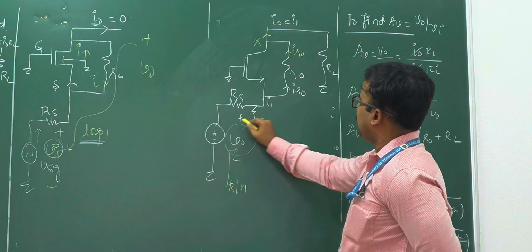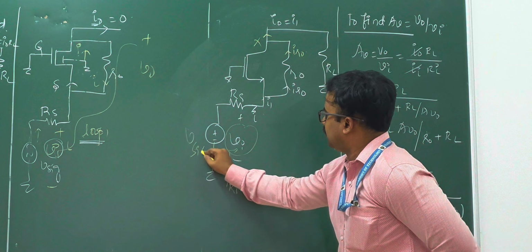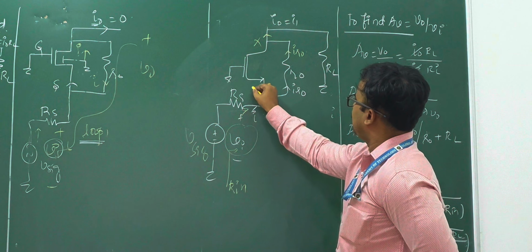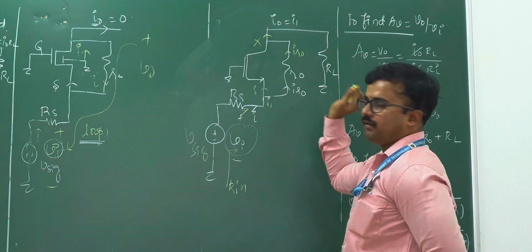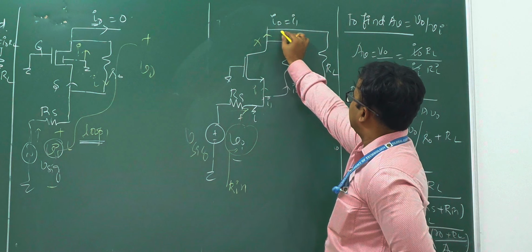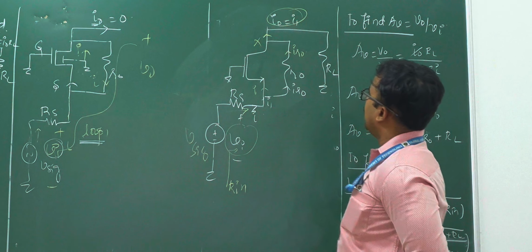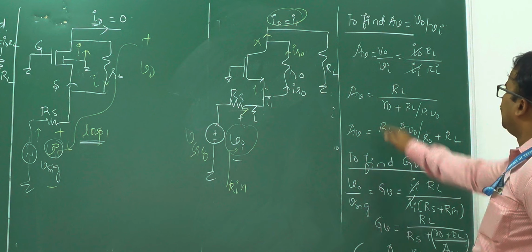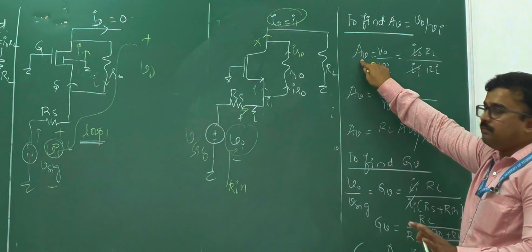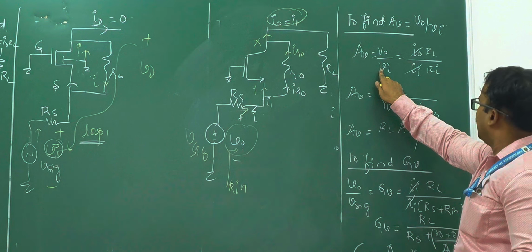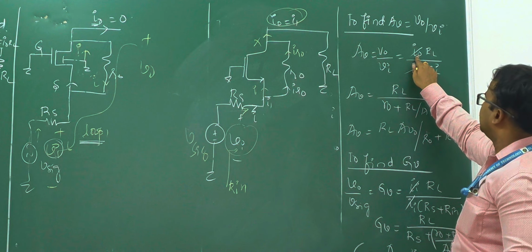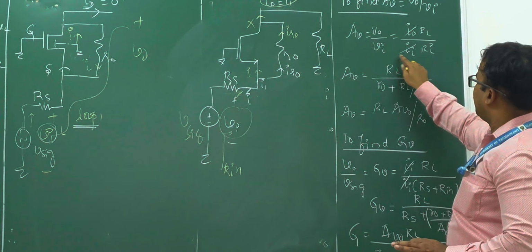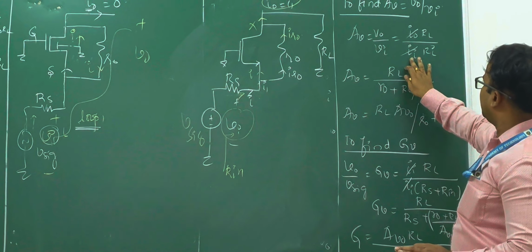The current entering from the source Vs through Rs is Ii, getting divided into I and IR0, as we have seen. This current is moving around, and we can say that I0 is equal to Ii. Now AV, so this is a simple derivation.